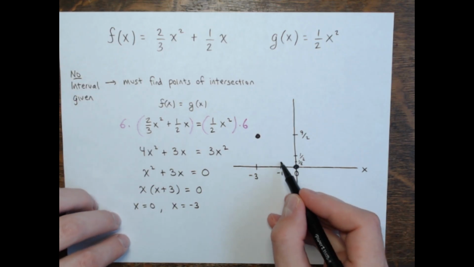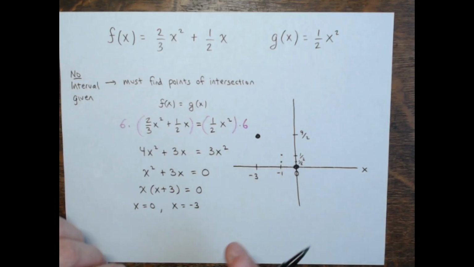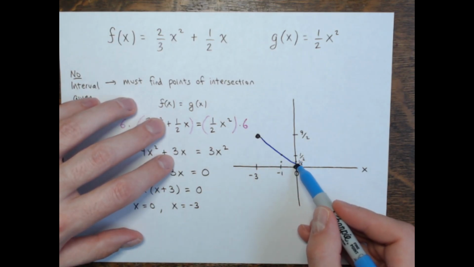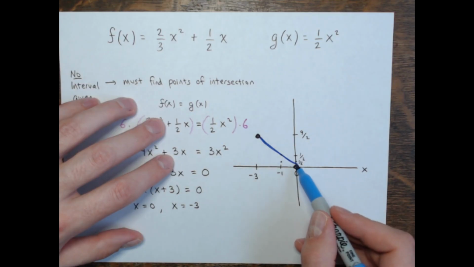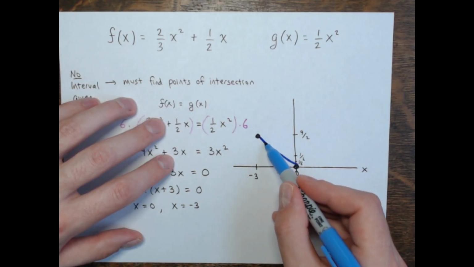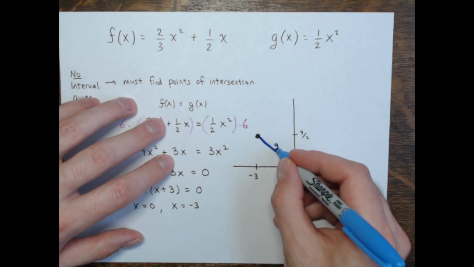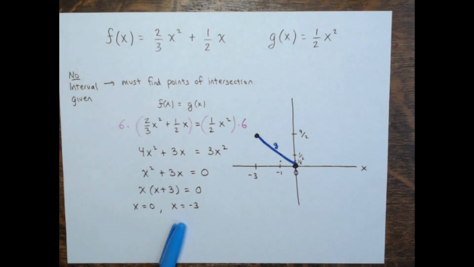So it looks as though f, this is probably a crappy drawing, we'll look at Desmos. But the curve on top going through -1, 1/2, that'll be g on top.